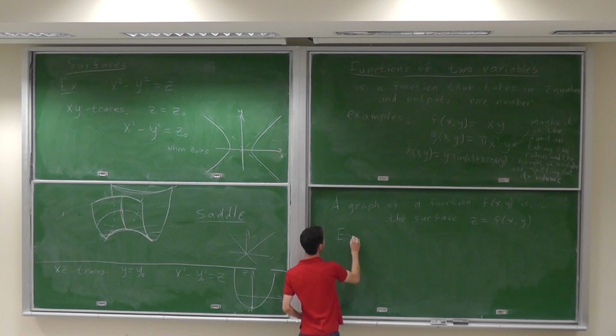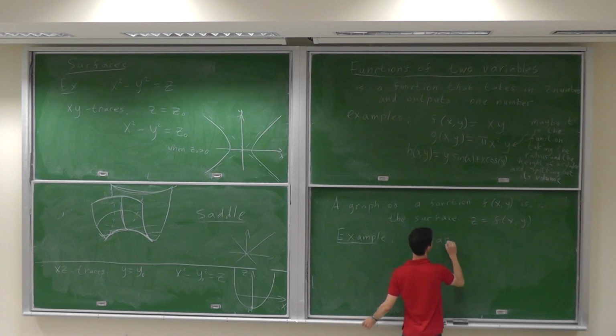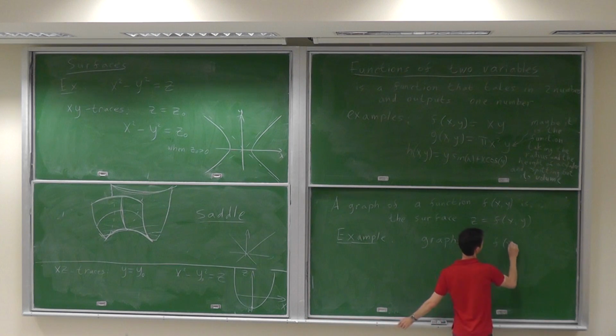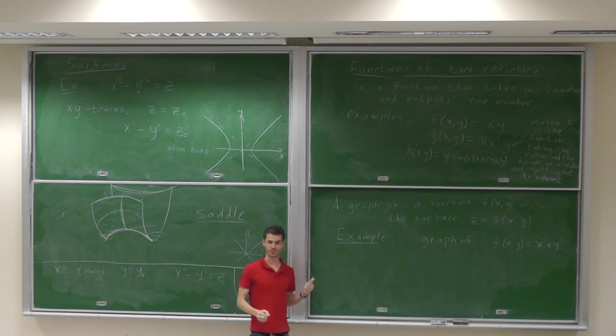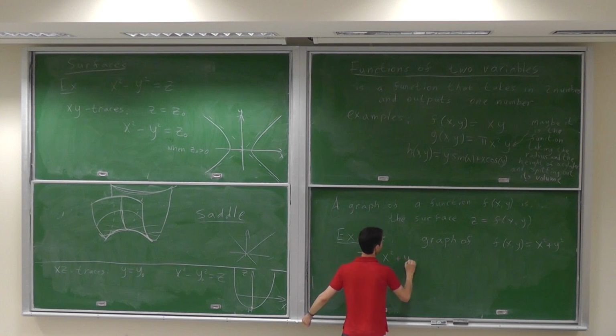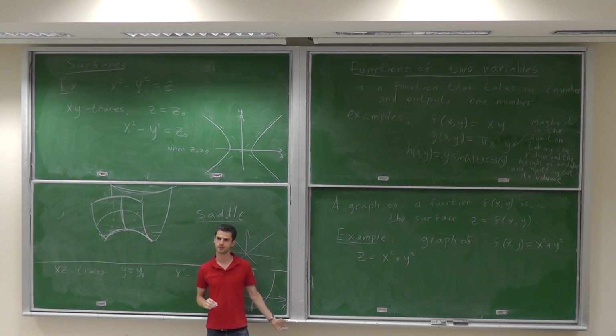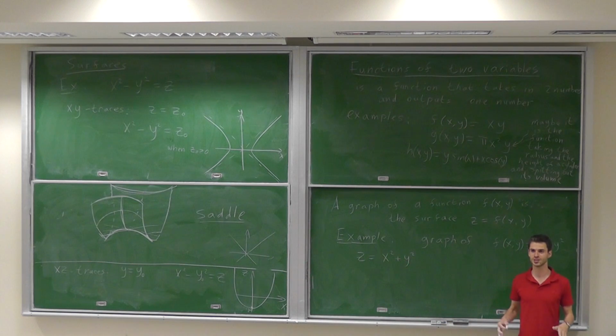So let me just give one example. Graph of f of xy, which is x squared plus y squared. What is it? Well, it's a surface z, which is x squared plus y squared. Maybe not that easy to understand what it is from the first sight, but we already made the effort.